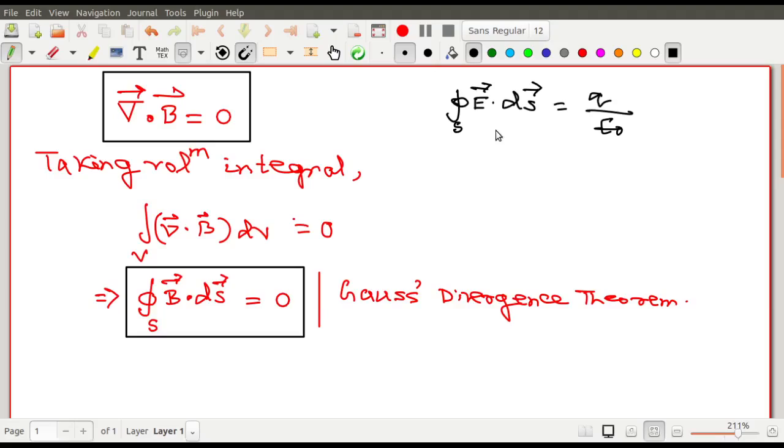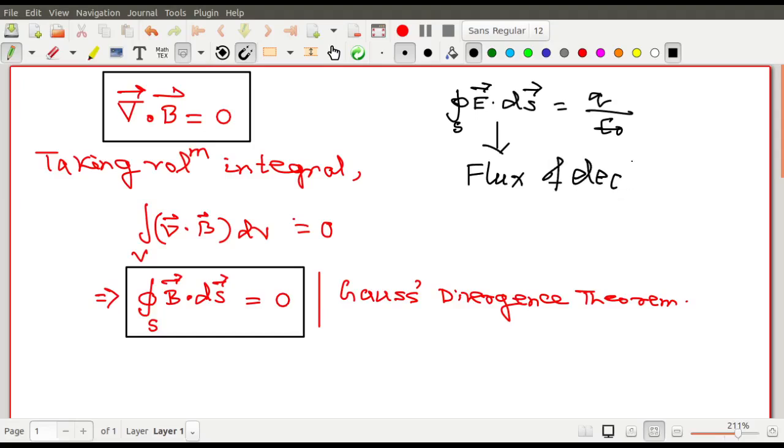This is what you have studied in your previous class, that is your higher secondary class. You have studied E dot dS equals to q by epsilon 0. What is this called? In both English and Bengali this is known as the flux of electric field.